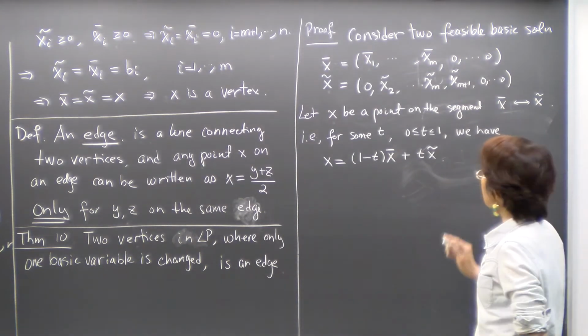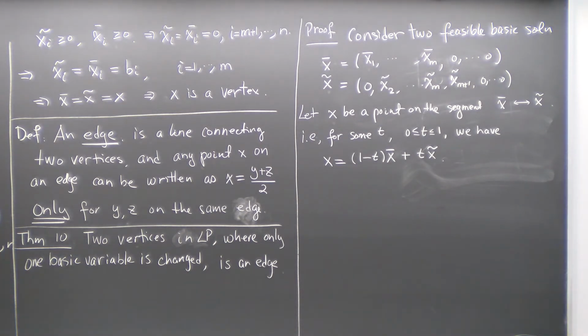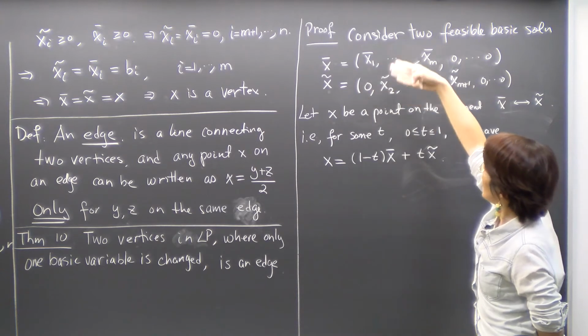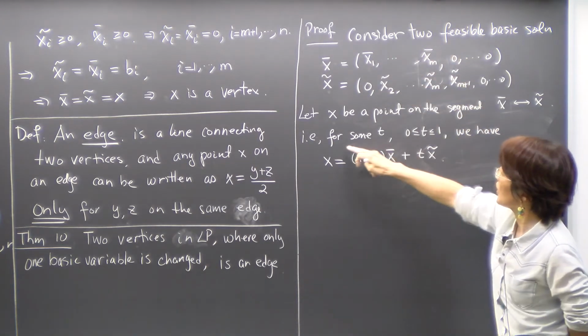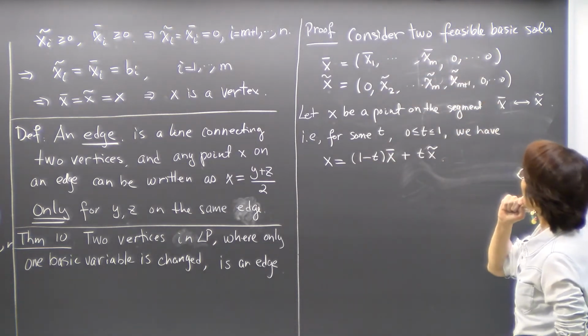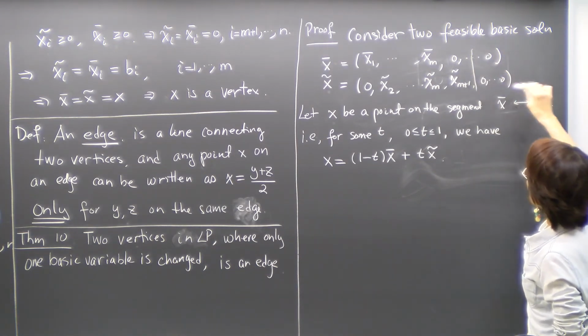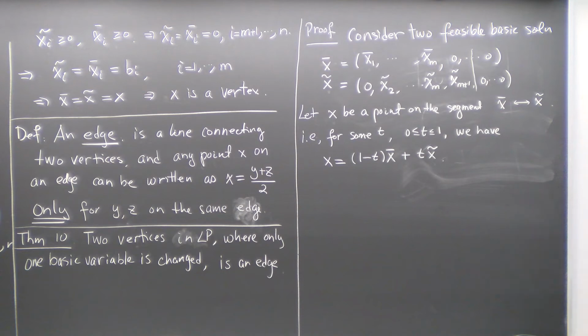Okay, if that is the case, let's do this convex combination. You will be adding up the elements in the same position by the same combination. In particular, the last group of elements are 0 in both x bar and x tilde. After adding them up, you will still have 0, right?